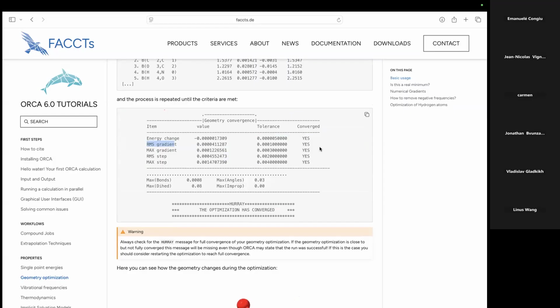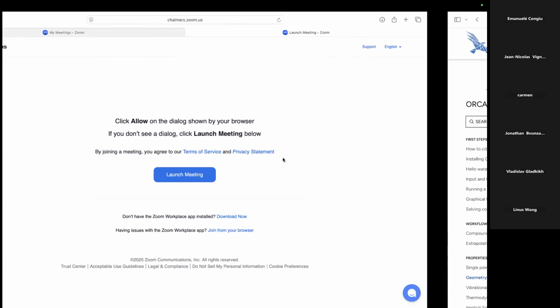If you don't set this threshold, your calculation will run for a very long time. It may not stop. So at some point we should say we have a reliable structure, and we should put thresholds to stop the computation. Okay, I hope I answered your question.